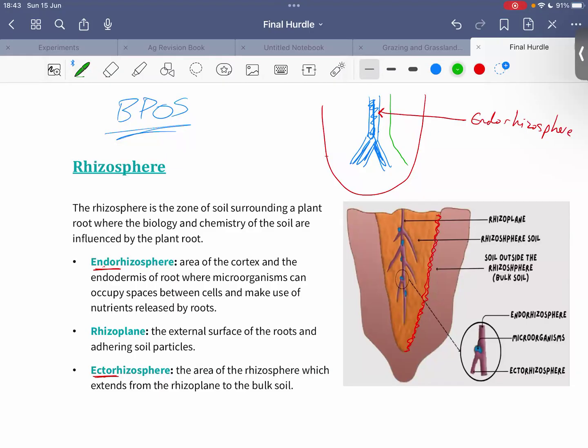A halfway point, like the Black Eyed Peas, meet you halfway. This area here between the endorhizosphere and the rhizoplane is the ecto, the outside area of the rhizosphere, the ectorhizosphere. And then lastly, this bulk area between the rhizosphere and the actual soil, rhizoplane.